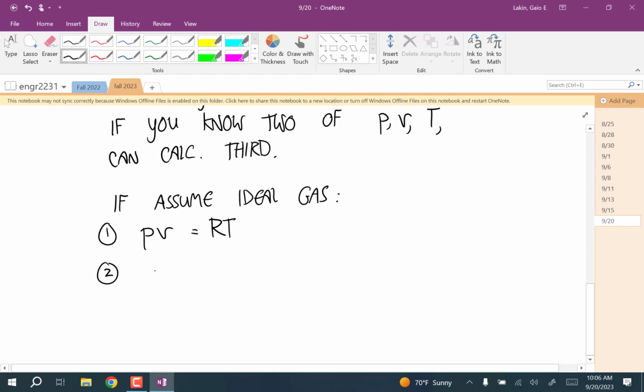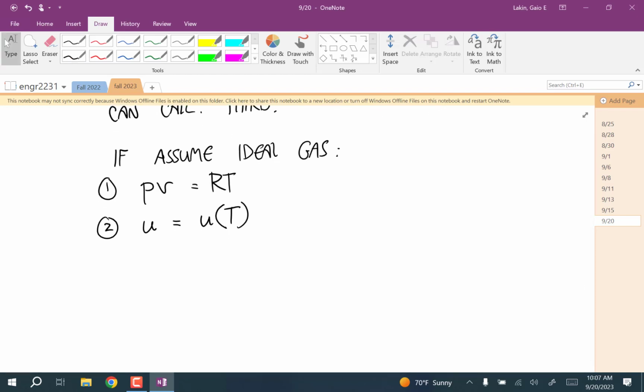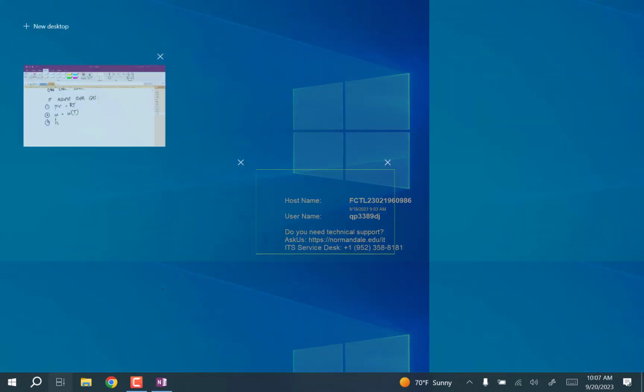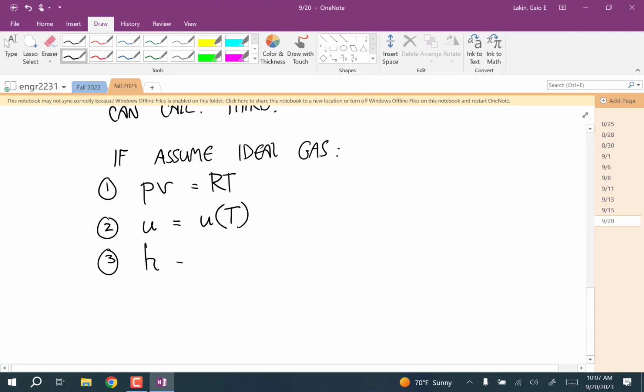The second one is that you can assume that internal energy, specific internal energy, is just a function of temperature. The pressure and volume don't affect it significantly. The third one is that the specific enthalpy is equal to U plus RT.